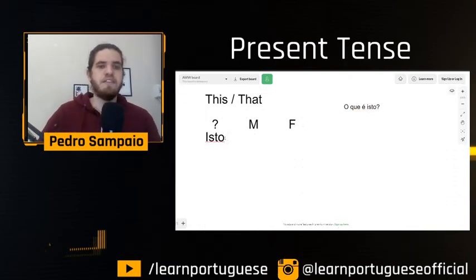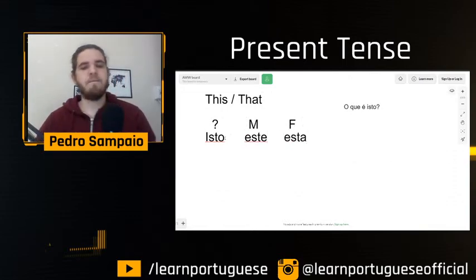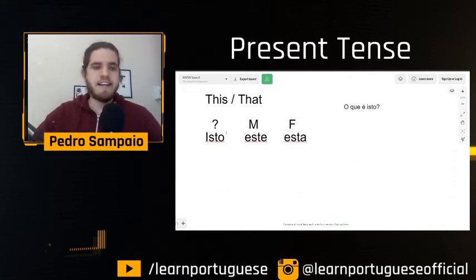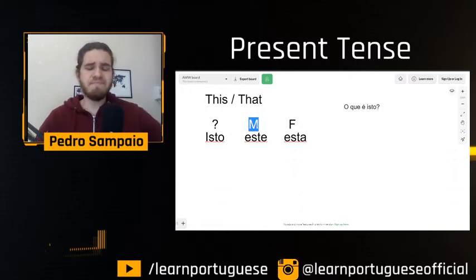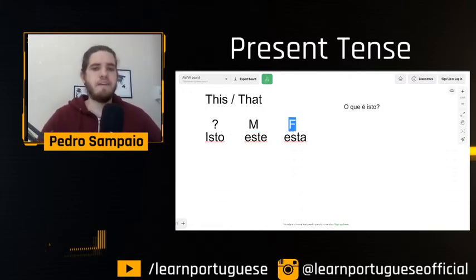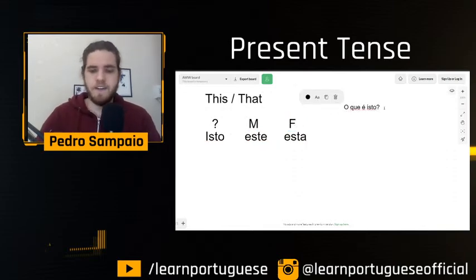For the masculine versions, we use este. And for the feminine nouns, we use esta. Okay. So as I just said, isto is used for questions. And now este, as you see, we use it with masculine nouns, and feminine esta, we use it with feminine nouns, of course. So, we saw last week the word copo.